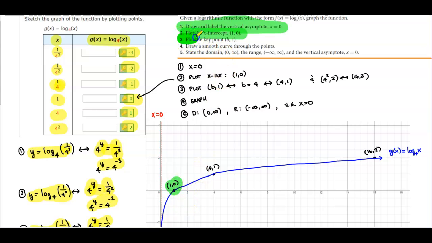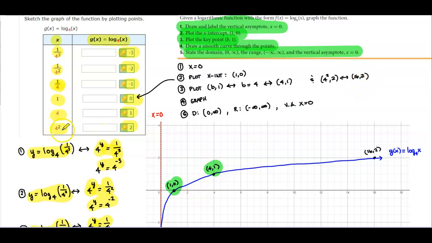And then we're going to plot a key point. And that's the value of the base, comma 1. Well, the value of the base is 4, comma 1. There is our second point. And then we're going to draw a smooth curve through the points and then state the domain, range, and vertical asymptote. Now, when we graph, okay, we have our points where we have 1, 0, 4, 1, and we can plot an additional point.